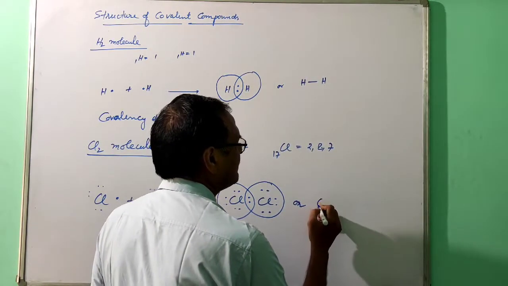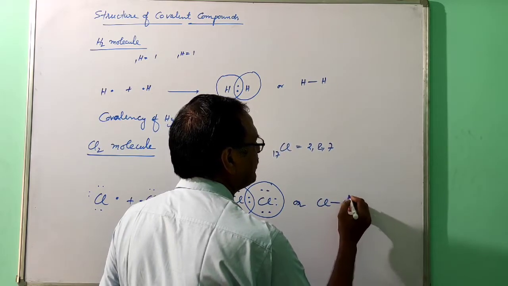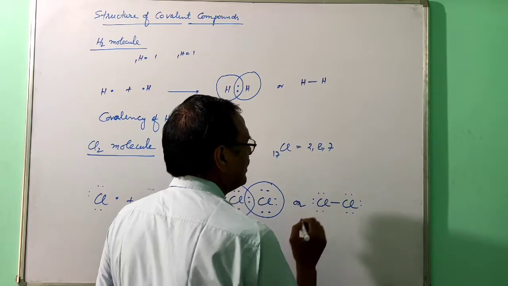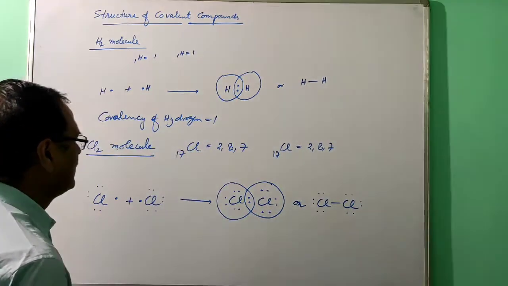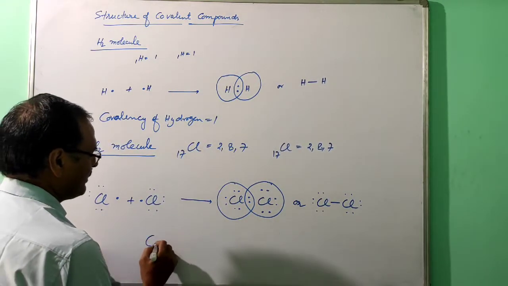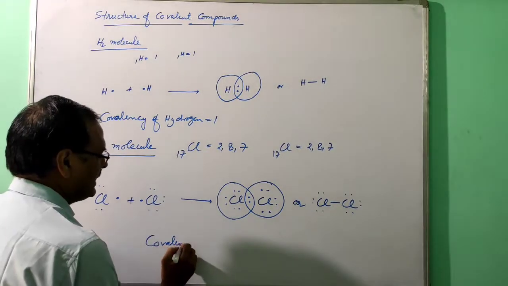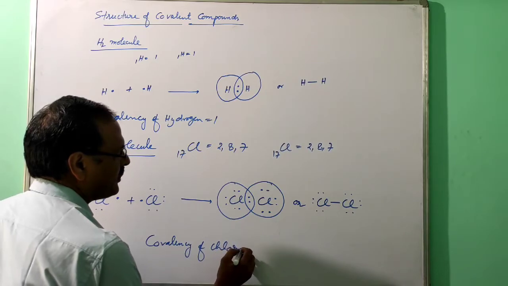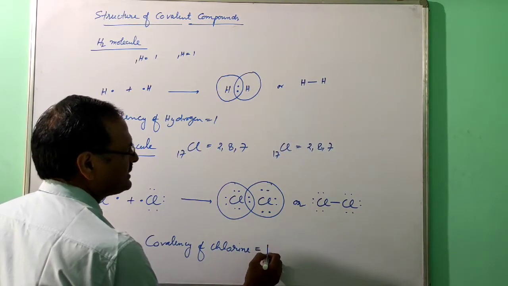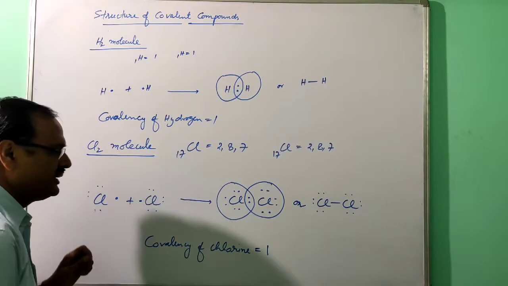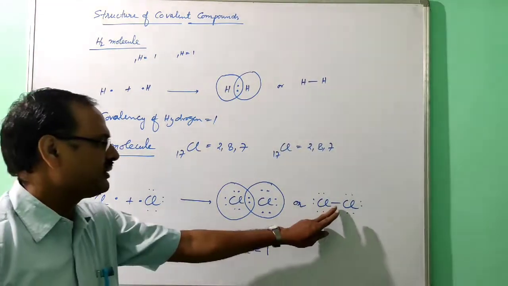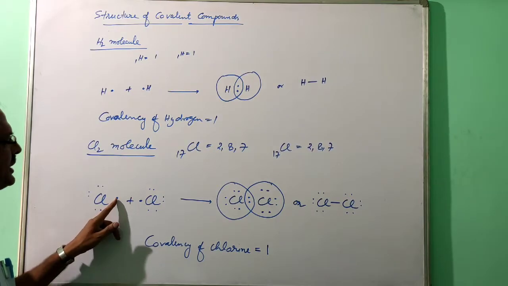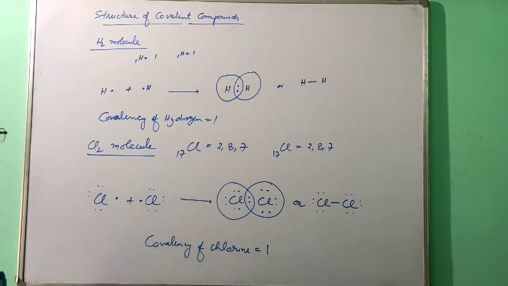You can write this as a single covalent bond. So what is the covalency of chlorine? The covalency of chlorine is one pair of electrons here. One bond is there, and one chlorine atom is contributing one electron. That's why the covalency of chlorine is one.